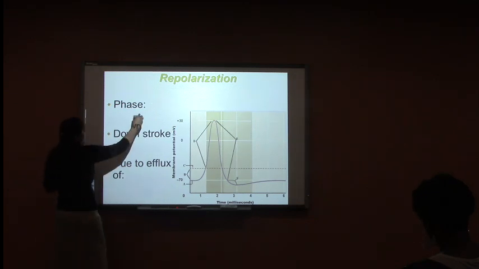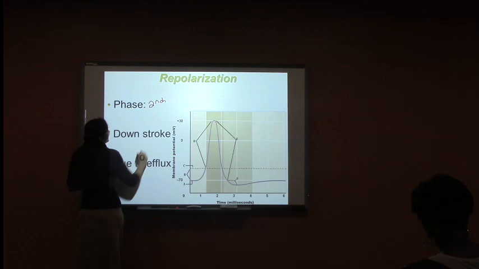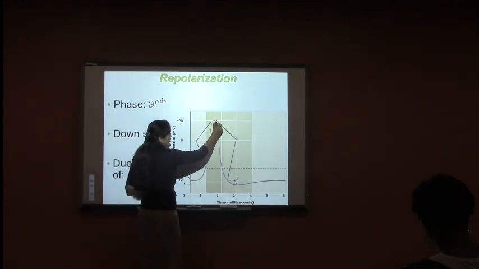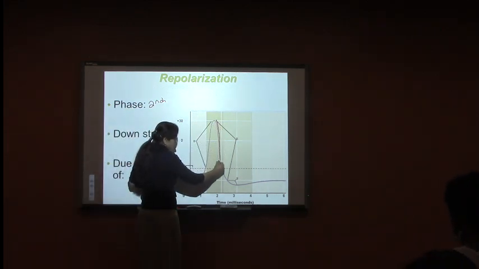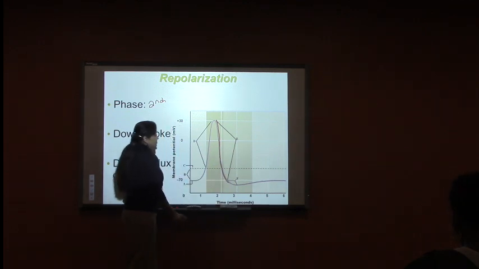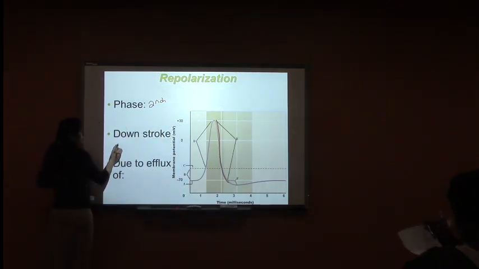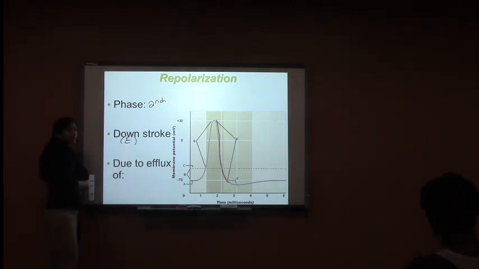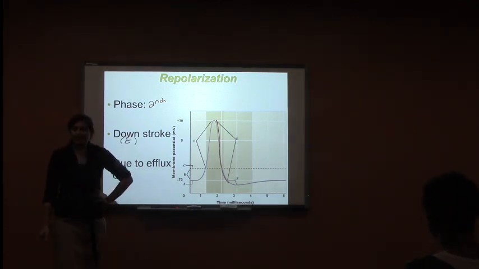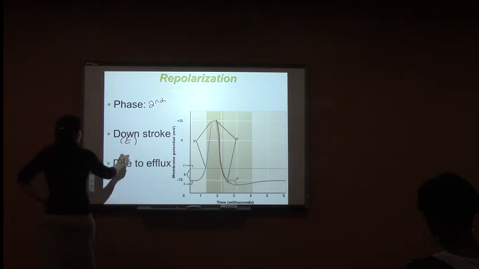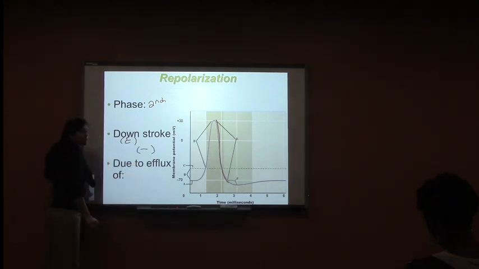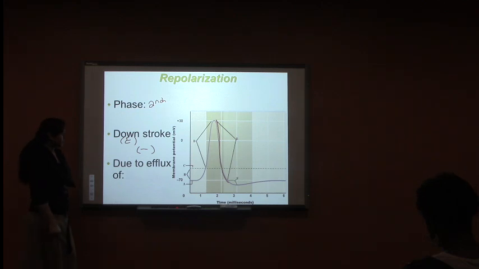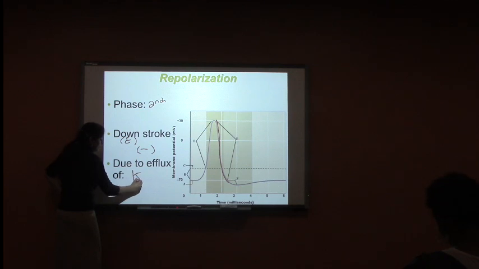Repolarization is the second phase. It's a downstroke, as you can see in this part of the graph. Going down. So this is E. Is the cell becoming more positive or more negative? More negative. This cell is becoming negative due to efflux of potassium.